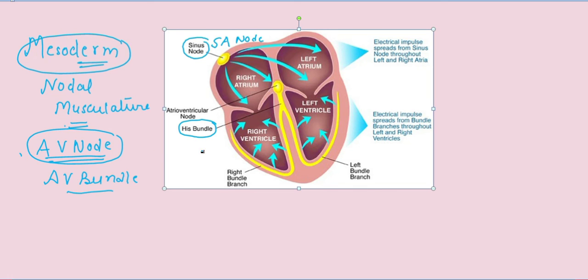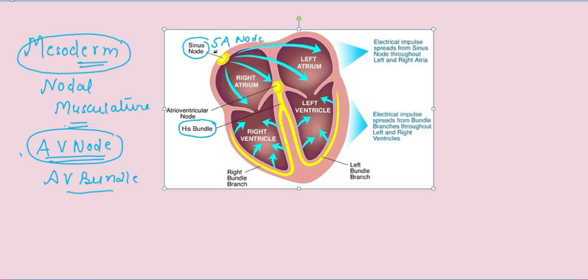And this is the nodal musculature which is responsible for the generation of the action potential, because we know that the heart is auto excitable. However, the number of action potentials that can be generated in a minute varies at different parts of the nodal system.